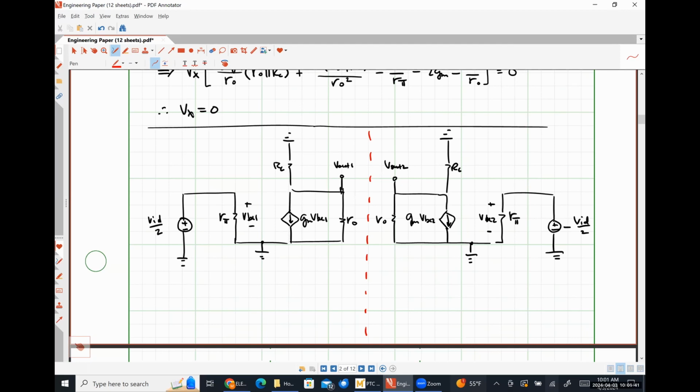Yes and no, and let me explain what I mean by that explicitly. Large signal. So we're talking about this as a small signal amplifier, right?